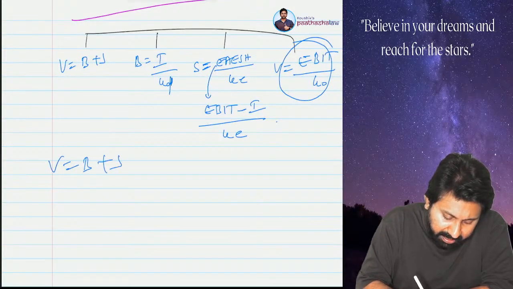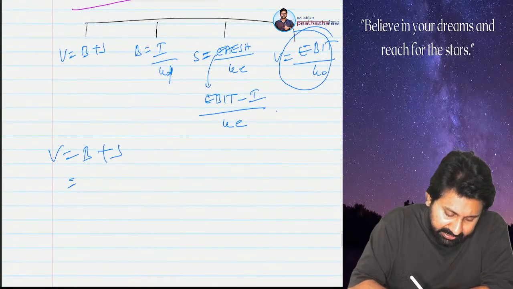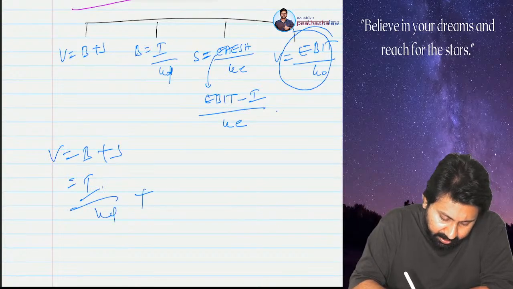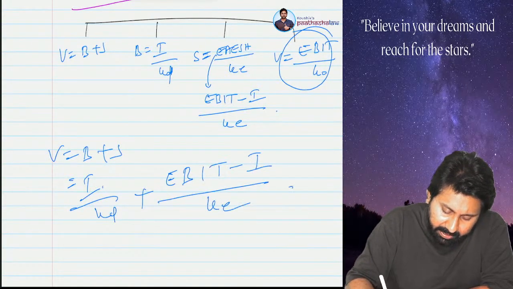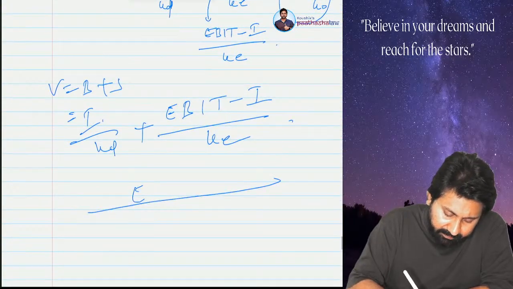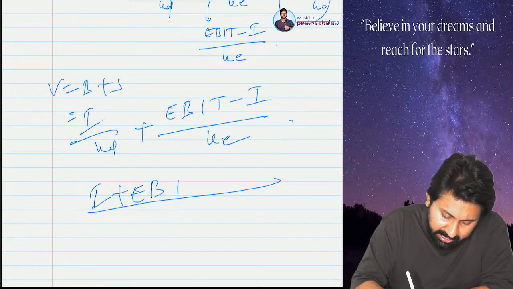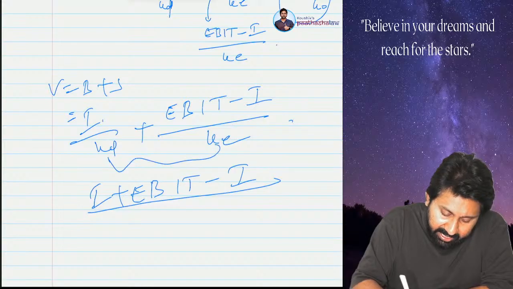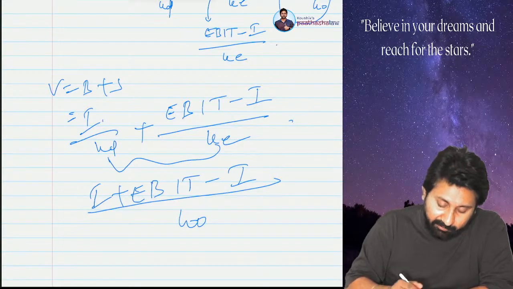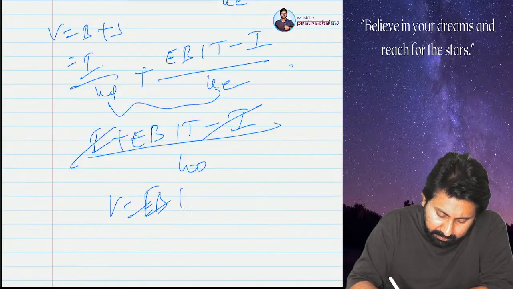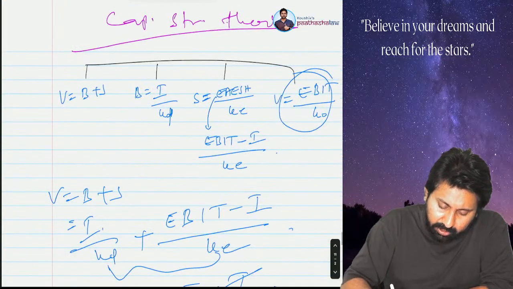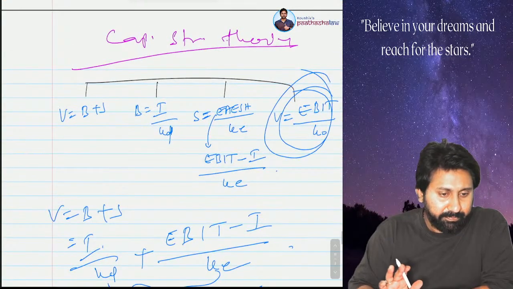V equals B plus S. B is I by KD, plus S is EBIT minus I divided by KE. The combination of KD and KE is called KO. Minus I plus I cancel. So V equals EBIT divided by KO. That's how this has to be understood.